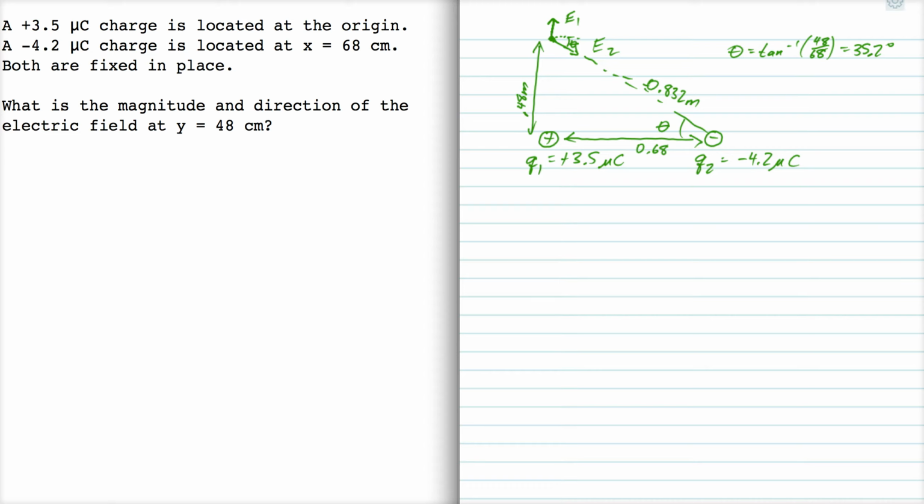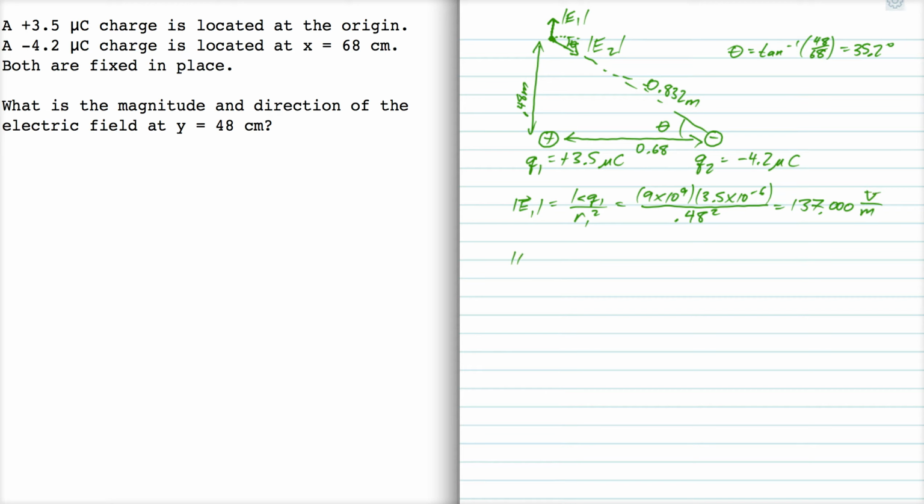Okay, so let's find the magnitudes of E1 and E2, and then we'll combine our vectors. So E1 is using our formula for the electric field of a point charge. That works out to 137,000 volts per meter, or newtons per coulomb if you prefer.